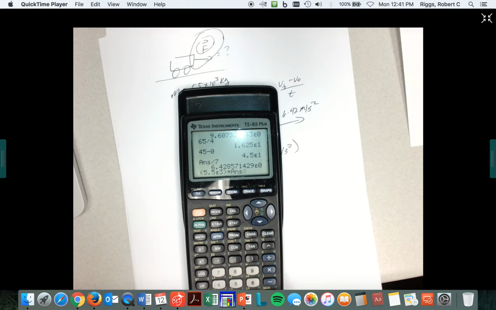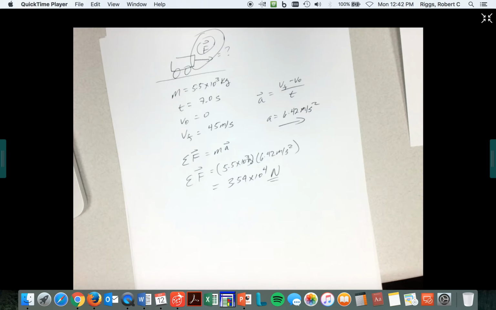Bang. 3.54. I'm going to go 3 sig figs. 3.54 times 10 to the fourth. Units, please. Newtons. You got it. All right. Doesn't seem that hard, right? Does not seem that hard.